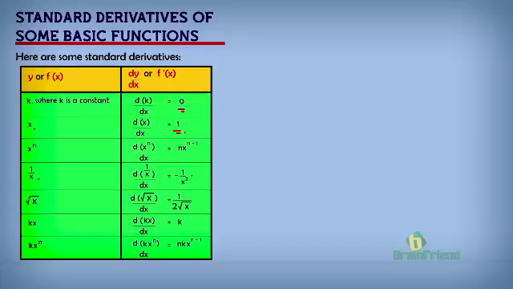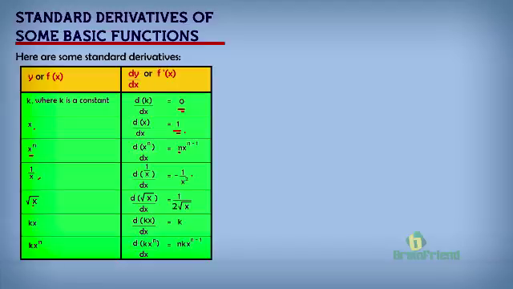We solve that for ourselves from the fundamental principle of differentiation. Also, if you have x raised to a certain power, the derivative of that variable will give us the power multiplied by x raised to that power again minus 1. Also, the derivative of 1 over x would give us minus 1 all over x squared. The derivative of root x would give us 1 over 2 root x.